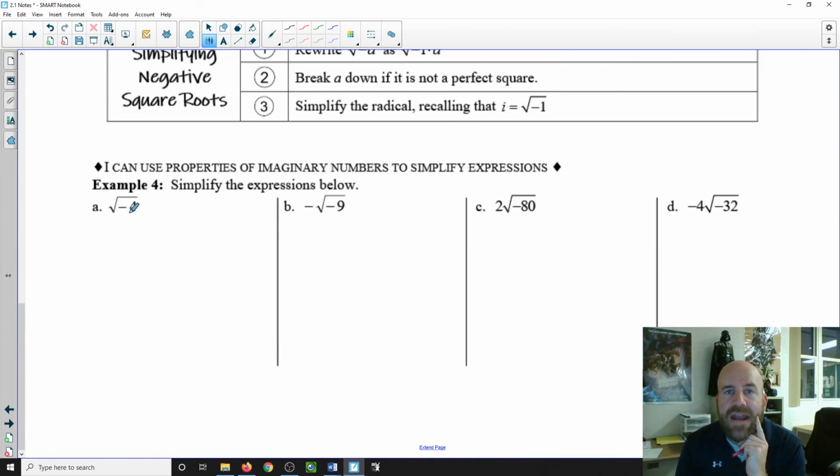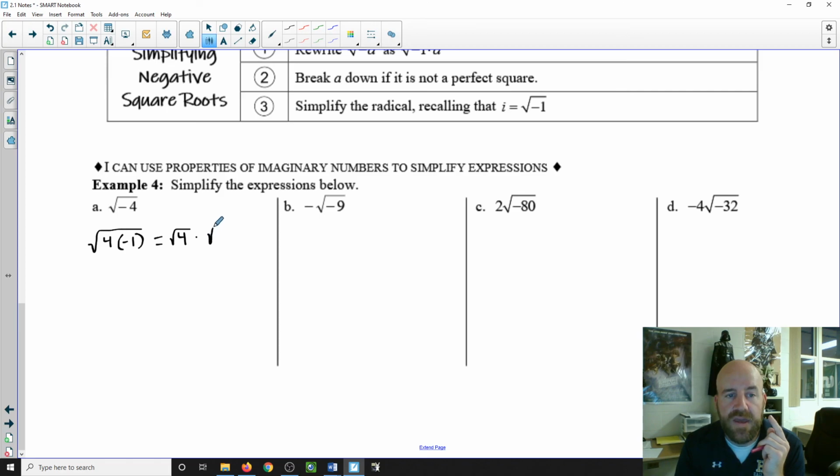So square root of negative 4. We know the square root of 4 is just 2. So what we want to do is break this up into 4 times negative 1. Then we can separate these, because it's a product.